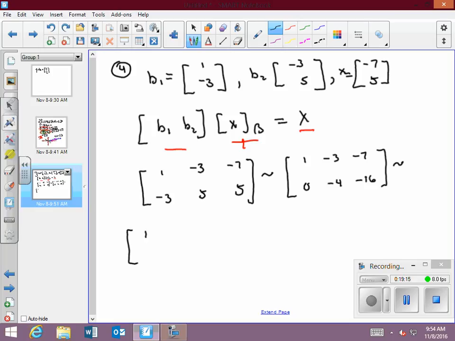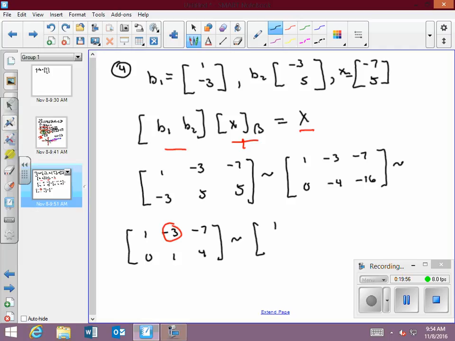So I do 1, minus 3, minus 7. I guess I'm going to do it that way. Divide the bottom row by minus 4. 1, 4. And then I'm going to eliminate this one, right?